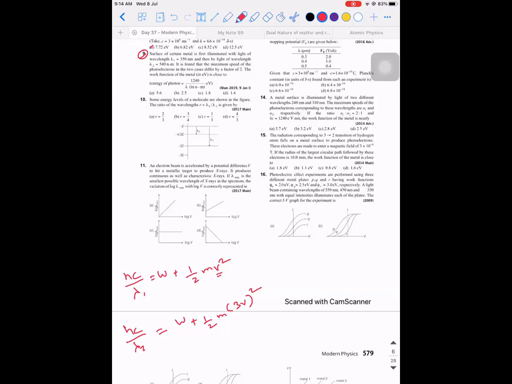Okay, so this part you guys calculate and tell me what is the answer. I'm not sure what this is. So it is 1.8 electron volt. See if it is matching.